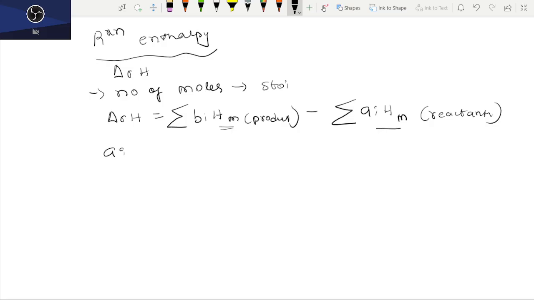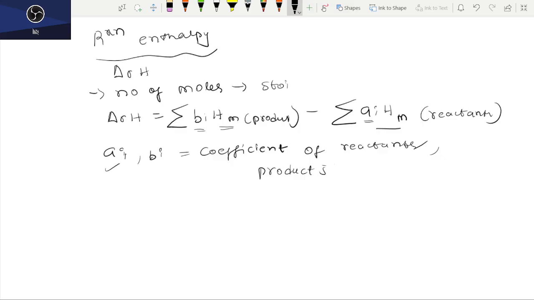Whatever you are seeing here, ai here, bi here, what are they called? Coefficient values of standard stoichiometric reactants as well as products, indicated with small i.